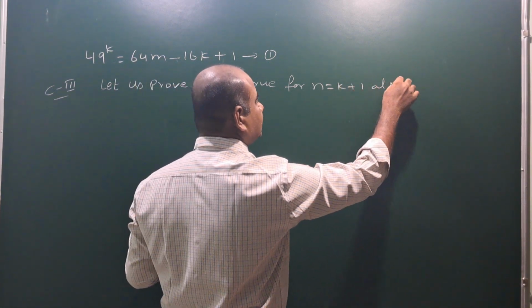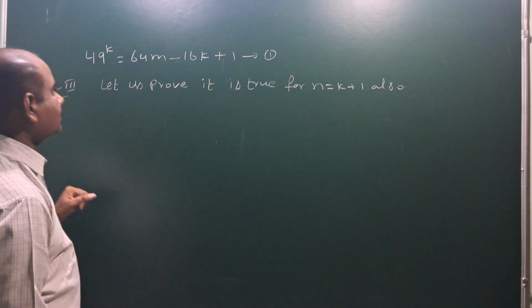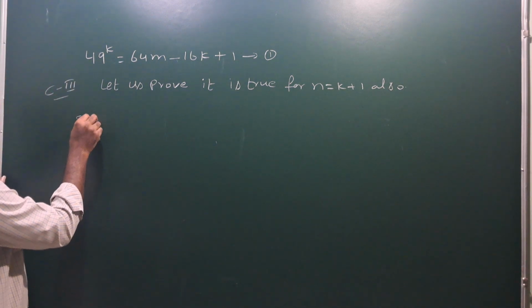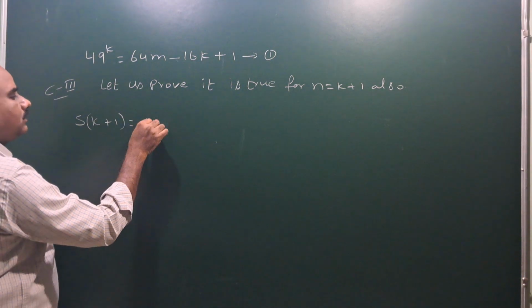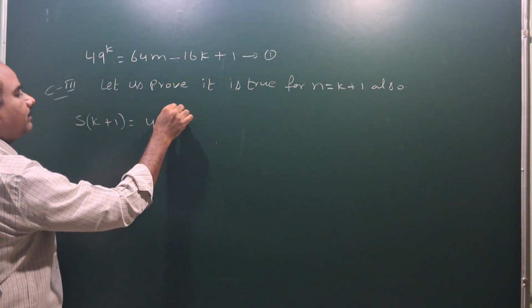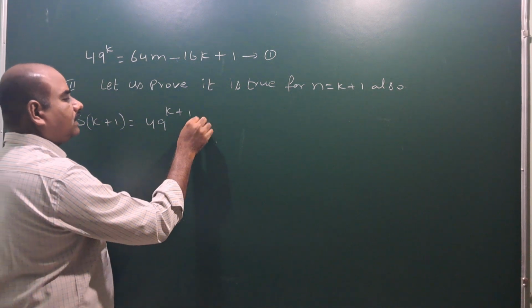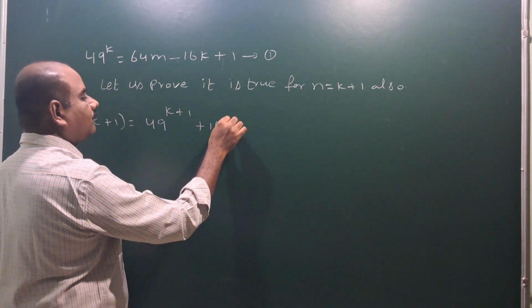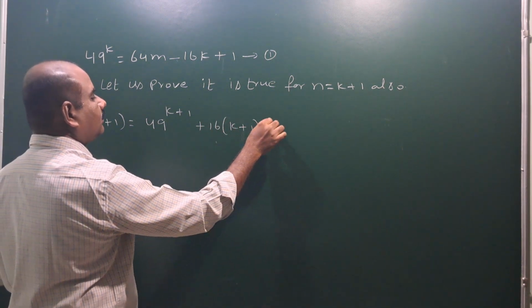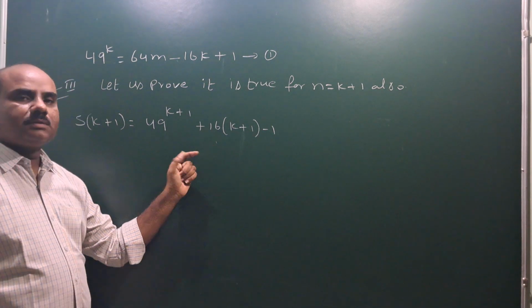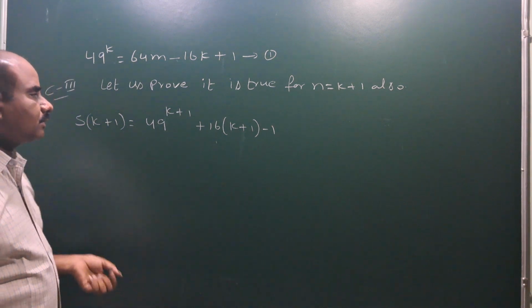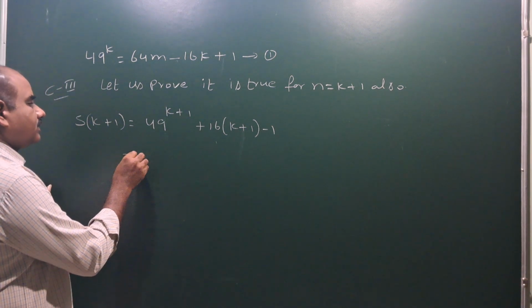So that is case 3. So let us take S of k plus 1. S of k plus 1 means 49 power k plus 1 plus 16 of k plus 1 minus 1. Okay, and in this case we have to prove this is divisible by 64. So let us see how to prove this.